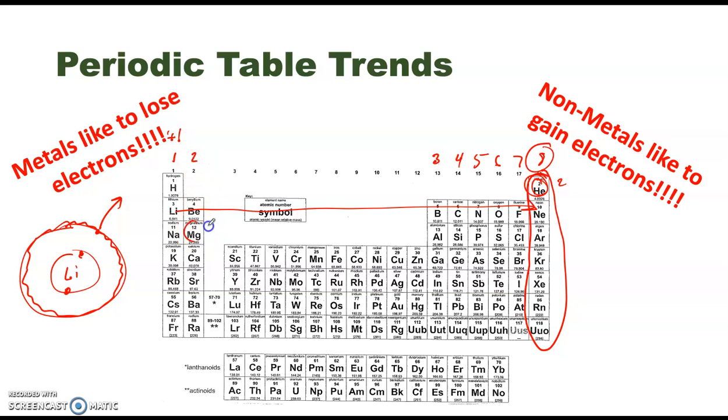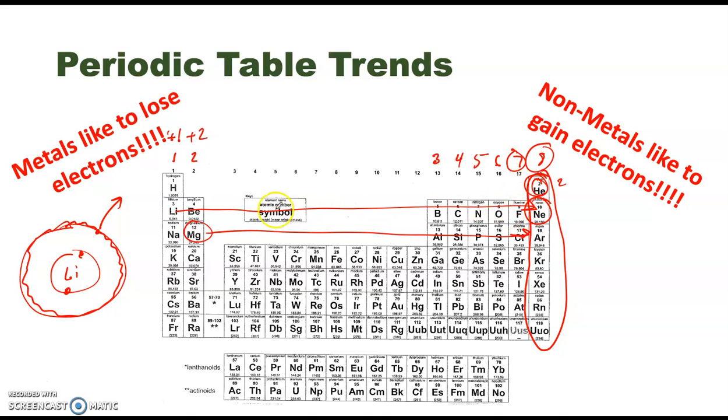Same thing with magnesium. It can either gain 6 electrons to be like argon, or it can lose 2 to be like neon. It's easier to lose 2 than it is to gain 6, so magnesium always loses 2 electrons, and it forms a +2 charge. Now if we look over at the non-metals, fluorine has 7.